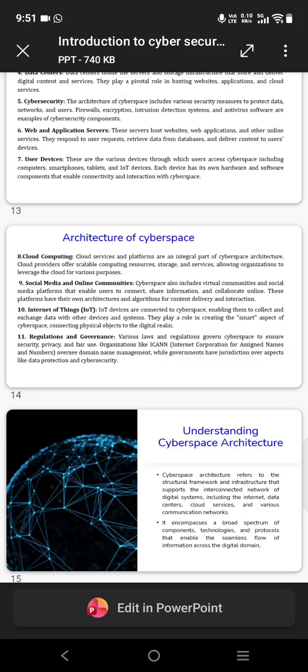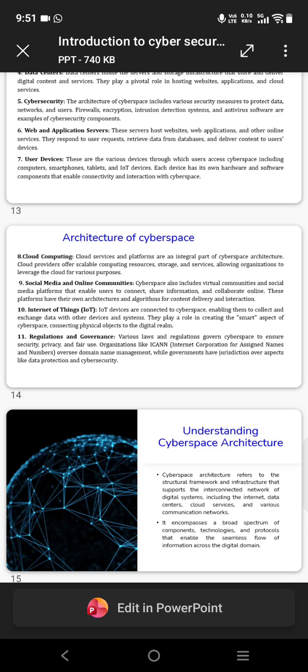Cyberspace also includes virtual communities and social media platforms that enable users to connect, share information, and collaborate online. These platforms have their own architectures and algorithms for content delivery and interaction.